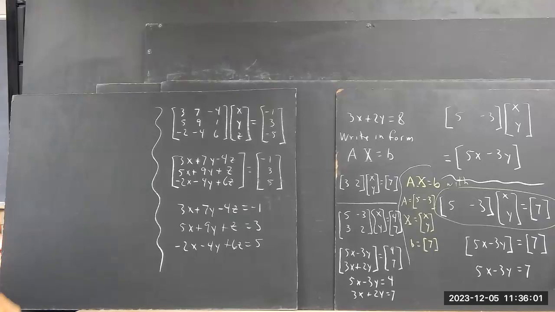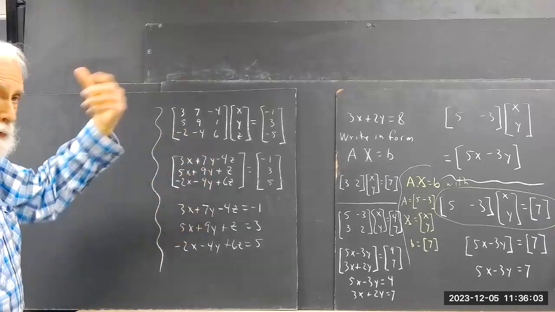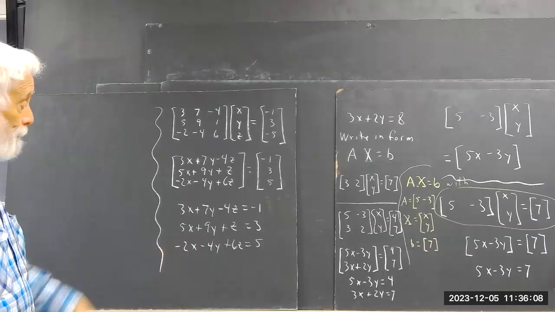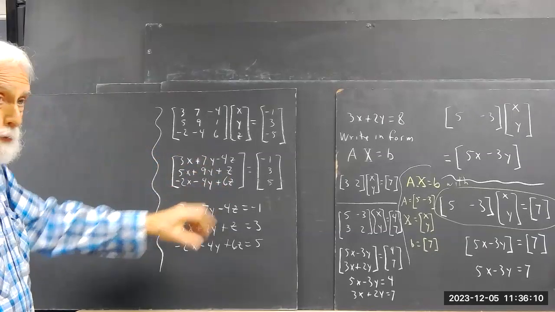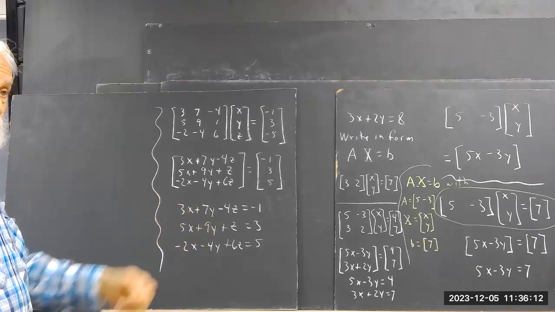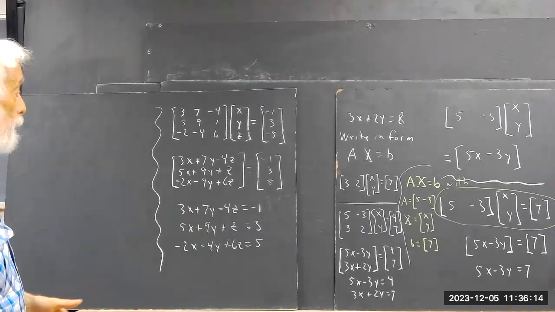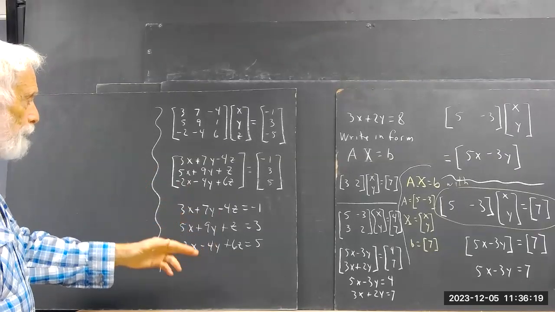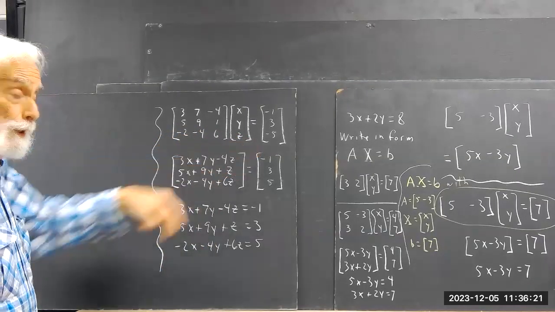Now, some people wanted to start reducing a matrix. Well, you don't do that in this case. If it was two equations and three unknowns, yeah, it'd be appropriate to reduce the matrix. So what matrix would we reduce if we wanted to solve this equation?